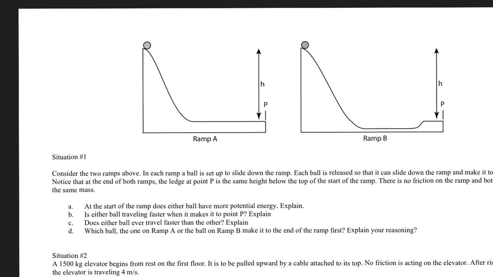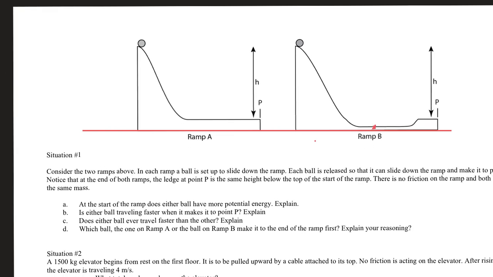Okay. Now, when I look at this picture, I am noticing quite clearly that the balls do not have the same amount of potential energy relative to the lowest point they could achieve. Do you notice that?